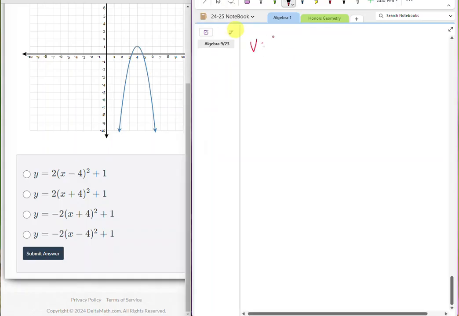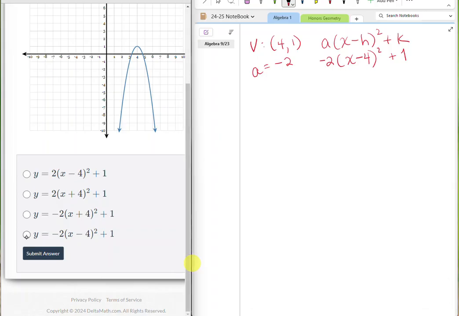So the vertex is 4, 1, and A is -2. Remember, it's a(x minus h) squared plus k. So it's going to be -2 times (x minus 4) squared plus 1. So it's this one.